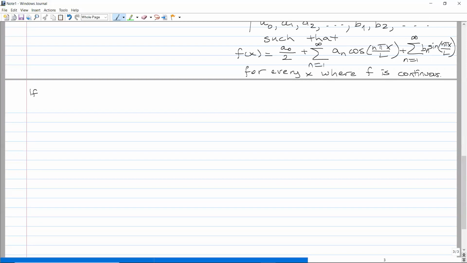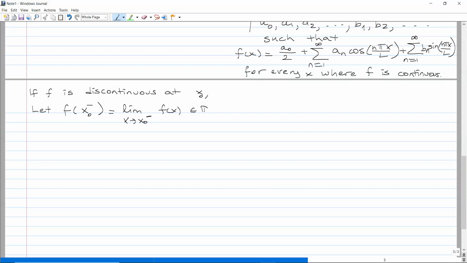If the function f is discontinuous at x0, let the left limit at x0 be the limit as x goes to x0 from the left of f of x.